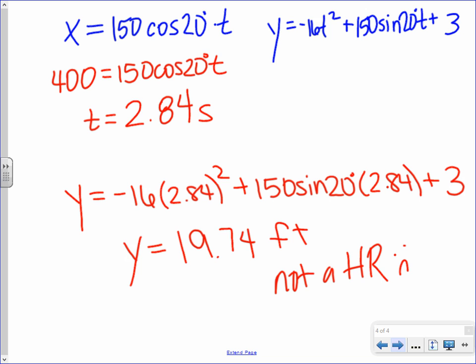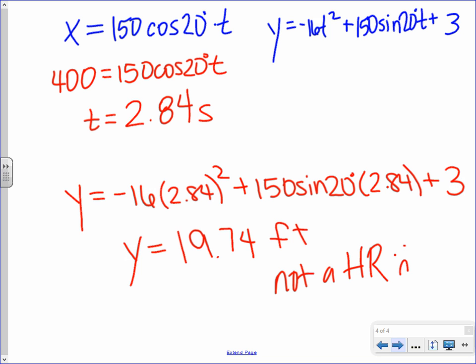We have this initial height here, but if I plug 0 in for y, like before, we just factored out the t. We can't do that now. We have a quadratic with all three terms. We can only factor when it's set equal to 0. What do we do with a quadratic that has all three terms? Say it. Quadratic formula.